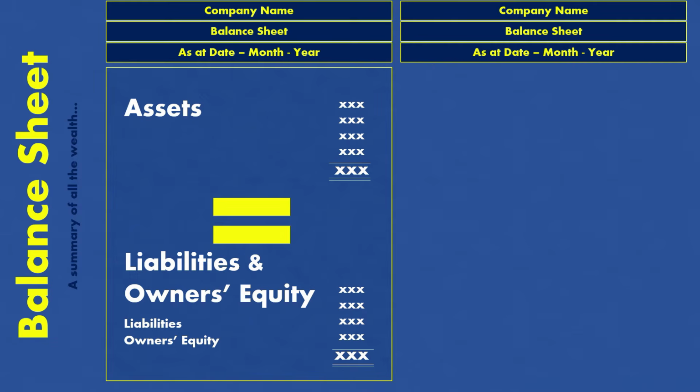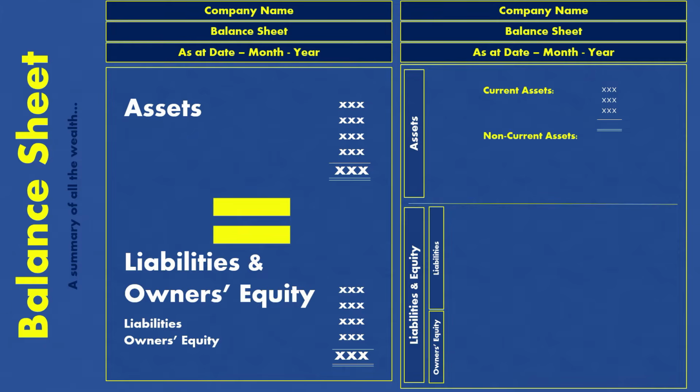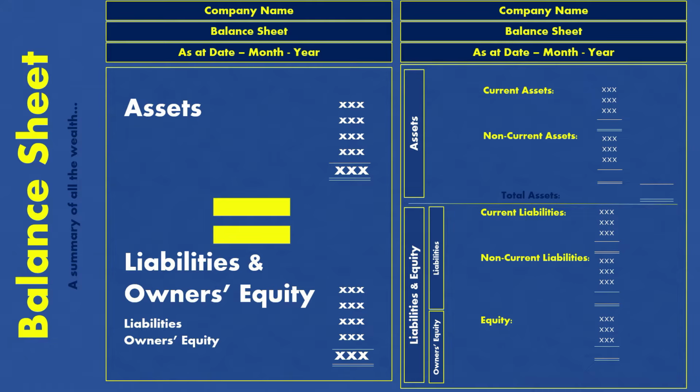So my final structure of the balance sheet that we would professionally see on all the companies' balance sheet is this one, where we have assets further split into current and non-current, and then we have total of the assets, and the other side of the balance sheet is split into current liabilities, and then we have non-current liabilities, and then we have owner's equity, and at the end of that we have the total of total liabilities and equity. And one last thing that we must mention again is these two sides are equal to each other.